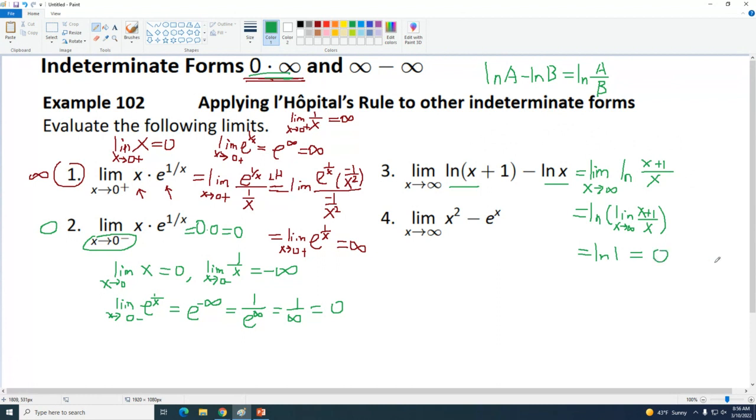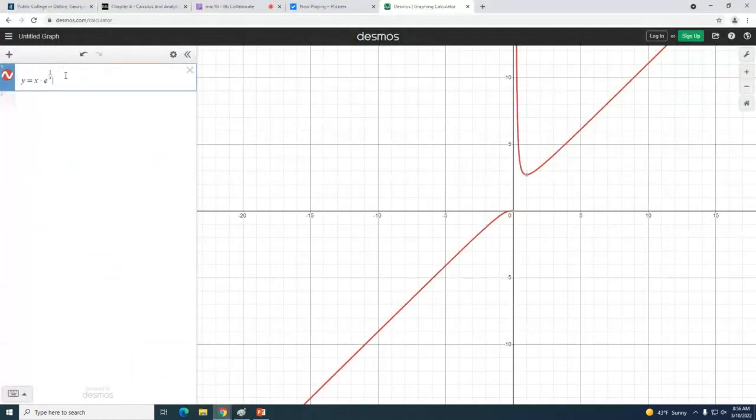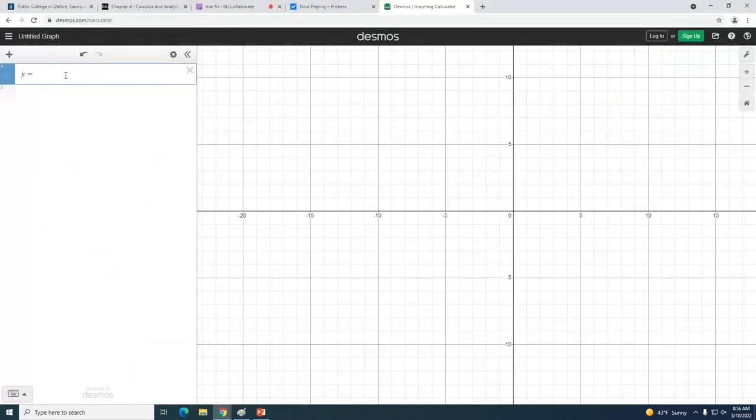Okay, so that gave us the conclusion that at infinity, logarithm x plus 1 and logarithm x are pretty much the same. Because the eventual limit equals 0, these two are pretty close at infinity. We can confirm that by looking at the graph of the whole thing that we just did, ln of x plus 1 minus ln of x.